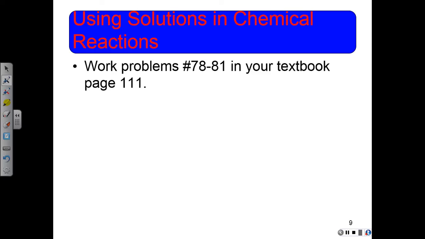Millimoles may confuse you on this one, but we'll go ahead and finish it. If you're trying to find grams and moles, you just add up your molar mass, right? But if you're in millimoles, you're going to have to move your decimal. So this one is a little more confusing of all of them.